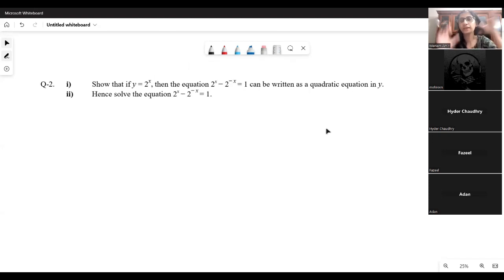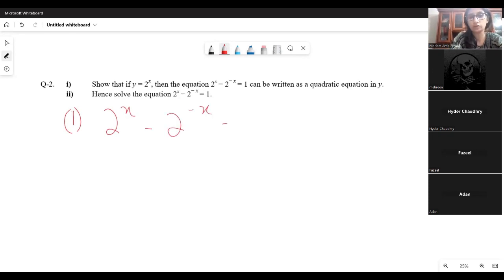So we have to replace 2 power x with y. So part 1: 2 power x minus 2 power minus x equals 1. 2 power x is y, minus 2 power minus x.